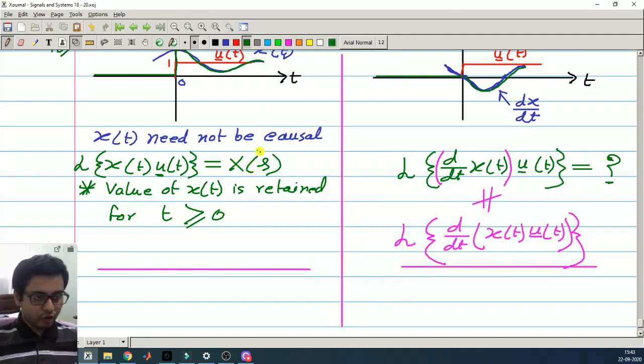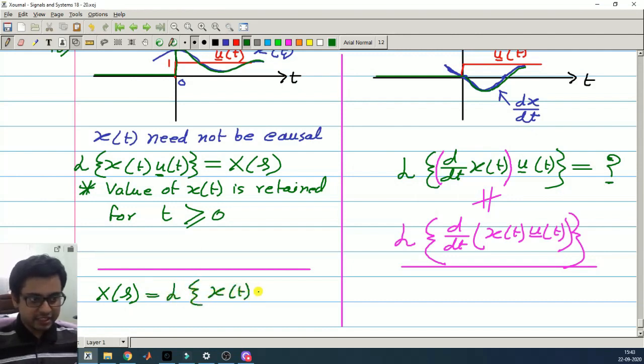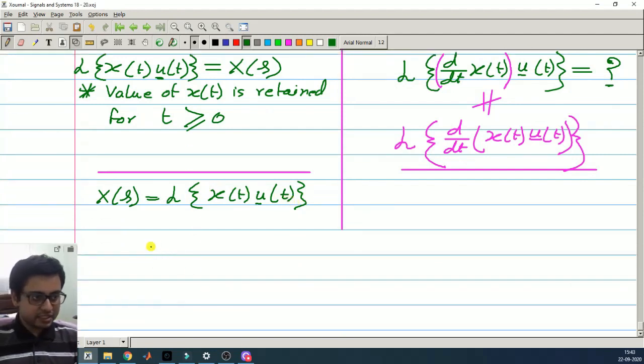Now from here, capital X(s) is the Laplace transform of x(t) u minus (t), and by definition it is the integration of x(t) u(t) e^(-st) dt from minus infinity to plus infinity.